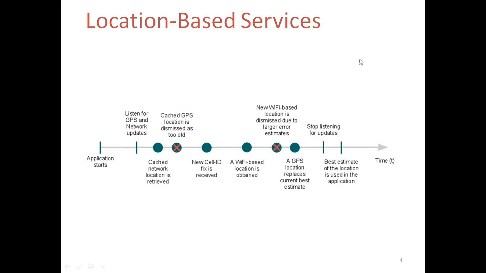After getting the best location, the application stops listening for updates. Then the best estimate of the location is used in the application. That lat or long, or other things as required, can be used in the app after following the given steps.